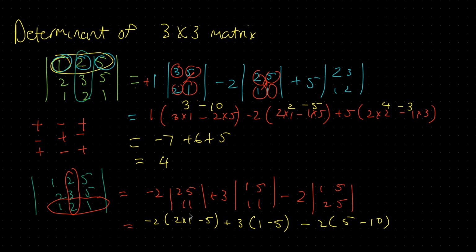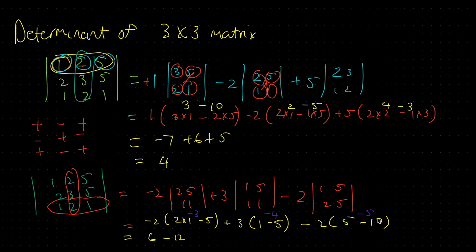It's going to be 2 minus 5, which is minus 3. 1 minus 5 is minus 4. 5 minus 10 is minus 5. So if we do the answer here, it's going to be minus 2 times minus 3, which is 6. 3 times minus 4 is minus 12.